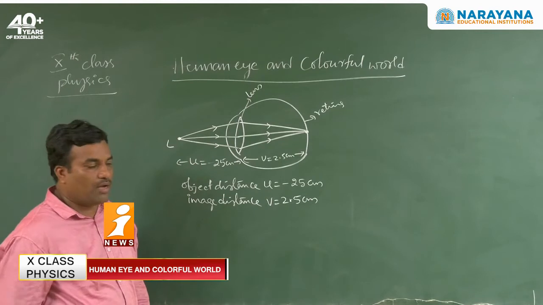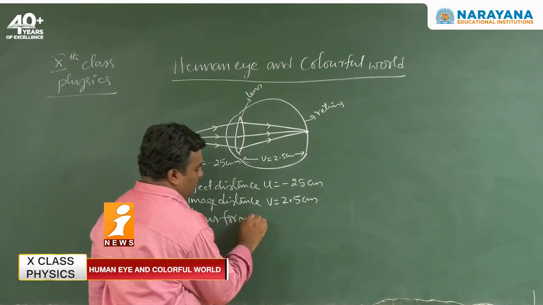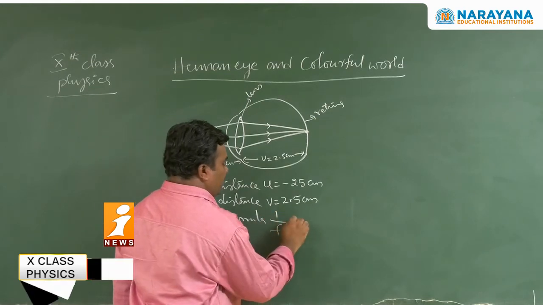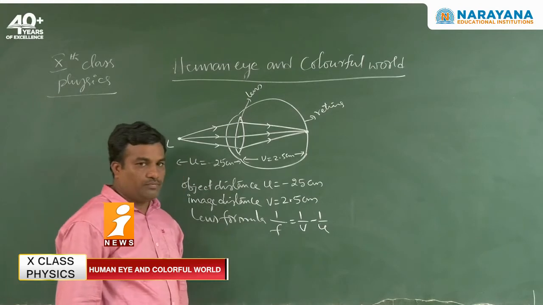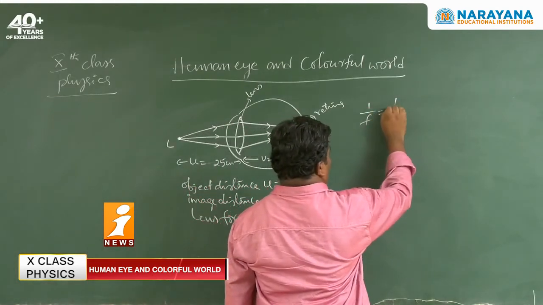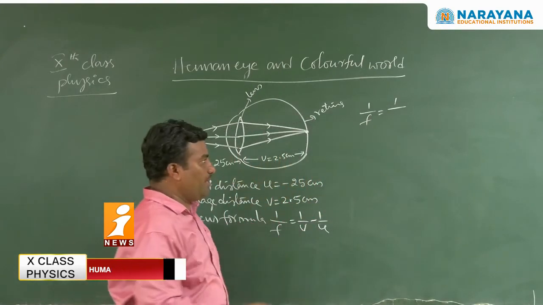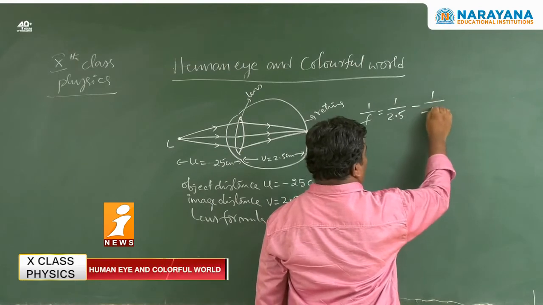Now we are finding the focal length. So the lens formula: 1 by f equal to 1 by v minus 1 by u. Now substitute the values: 1 by f equal to 1 by 2.5 minus 1 by minus 25.